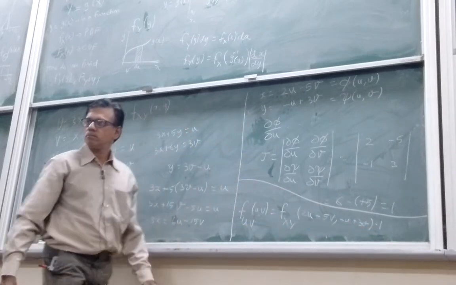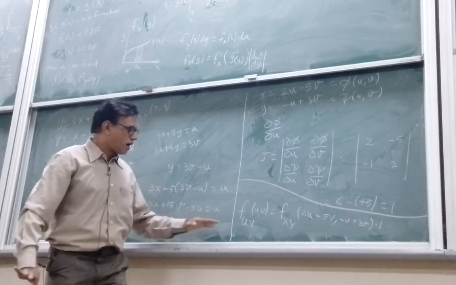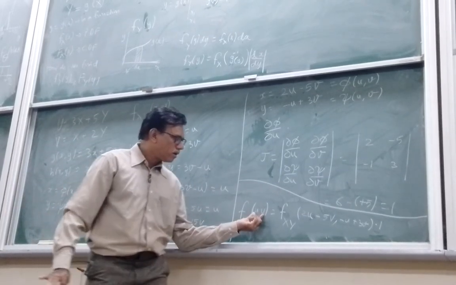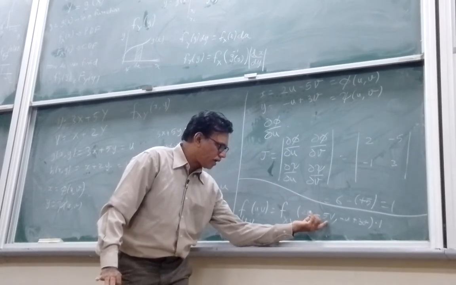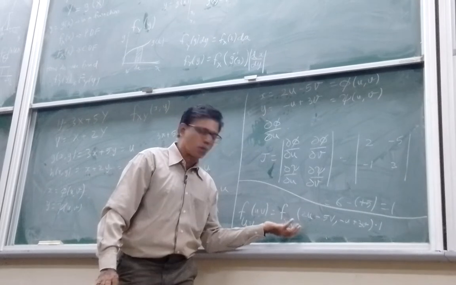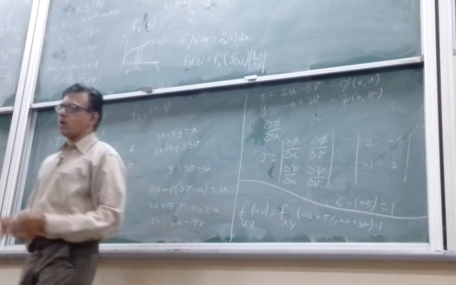That's it. So if you are asked what is f of u comma v, for this u and v you substitute here and find x and y, evaluate f x y at that value, multiply it with the Jacobian, and you will get the answer. So that is what you have to simply do.